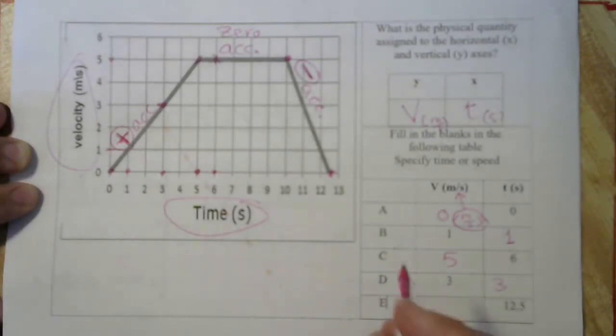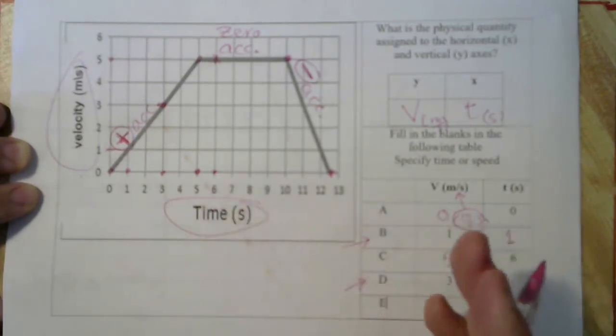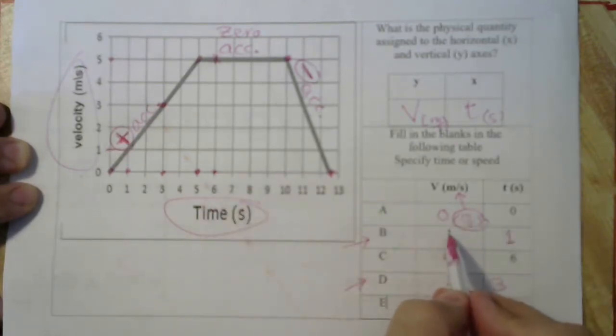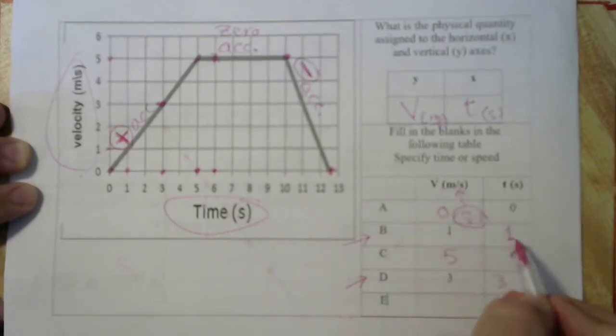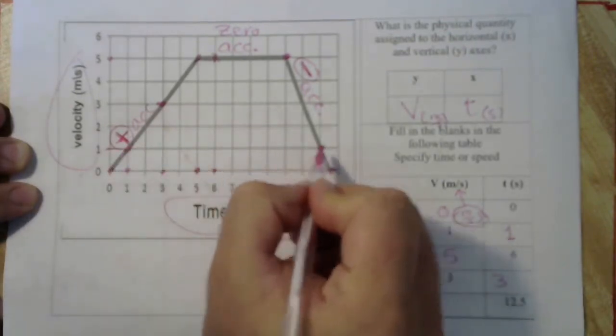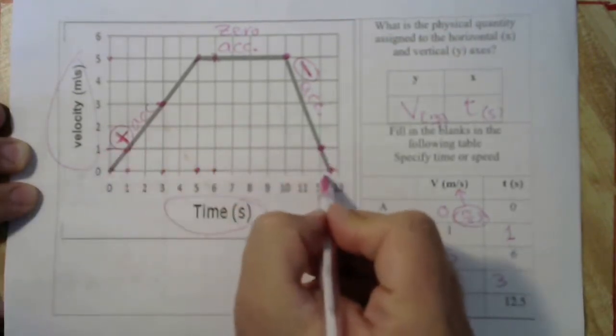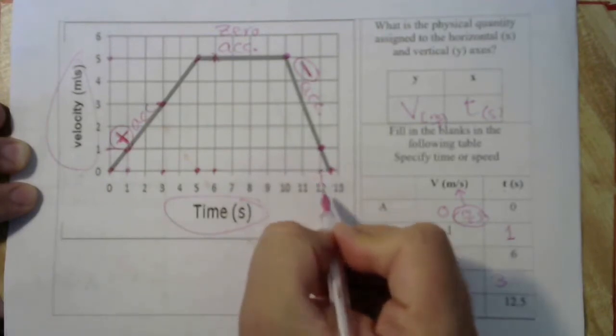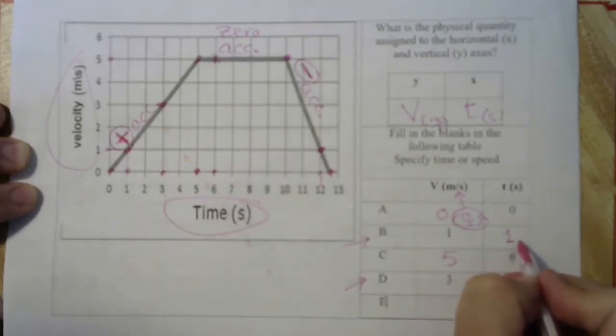But wait, we have something different at B and at D. At velocity 1 meter per second, I find that the time is just 1 second, but I have another point where the velocity was 1 meter per second, which was at 12. So I have 2 times.